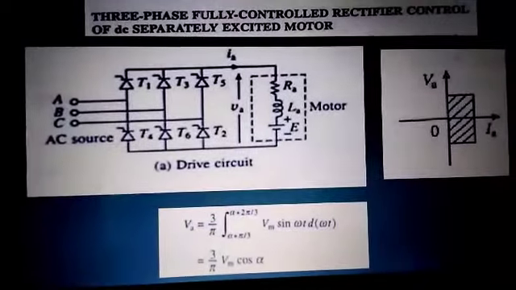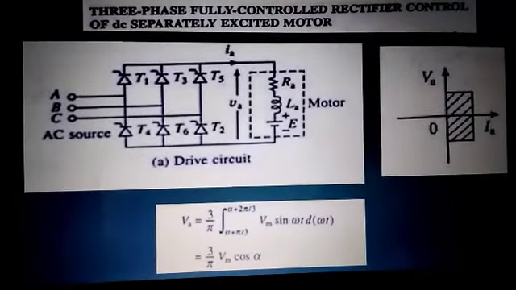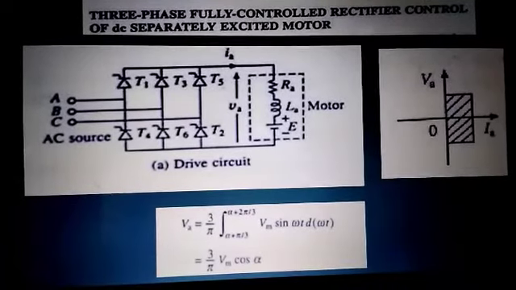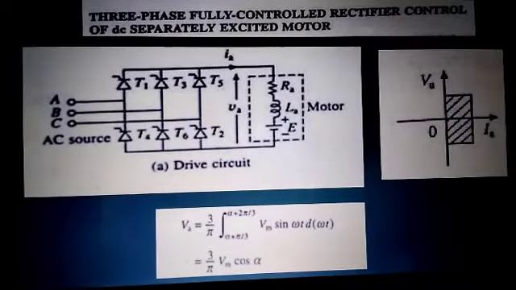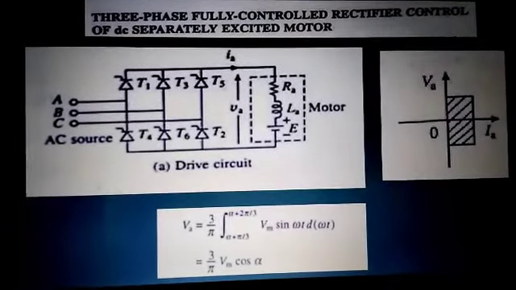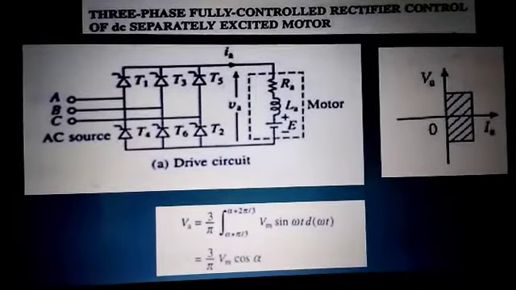Before solving this numeric question, let us review the three-phase fully controlled rectifier. This is the drive circuit of the three-phase fully controlled rectifier. The converter voltage, the armature voltage VA, is given by VA equals 3 by pi Vm cos alpha.